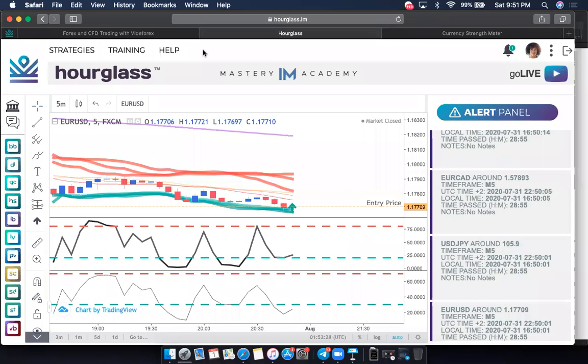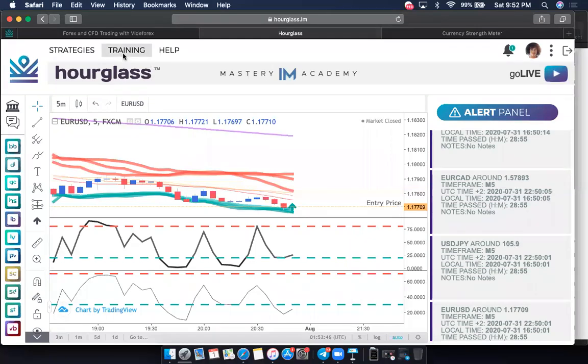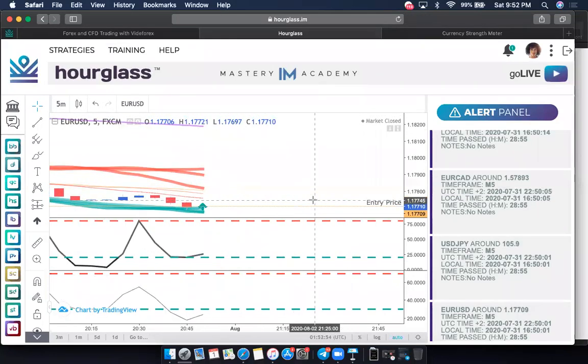Hello? Can you hear me? I can. All right. So this is Erica, and I have a question about the arrow up, the candle before the arrow up. So the candle before the arrow up is what we're looking at for the trade, right?